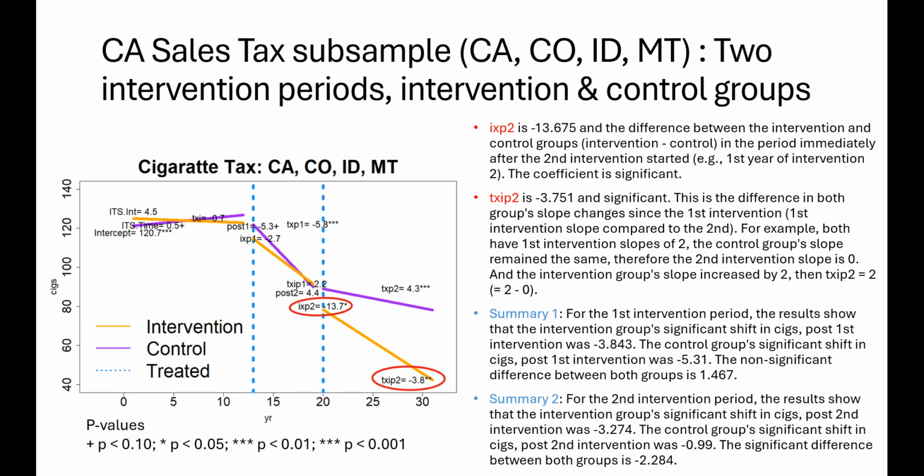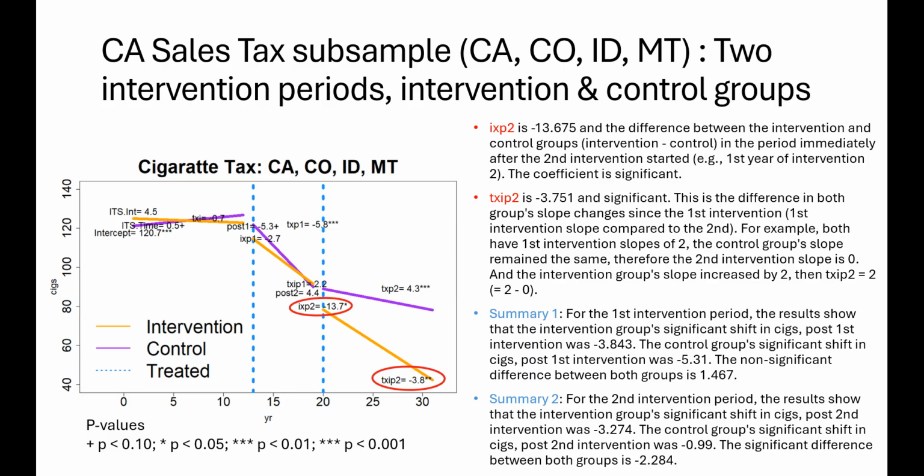For example, if both have first intervention slopes of 2 and the control group slope remains the same, therefore the second intervention slope is 0. And if the intervention group slope decreased by 2, then TXIP2 equals 2. This for example part is just an example that you'll find in all the output, but I just wanted to show how those calculations are done.